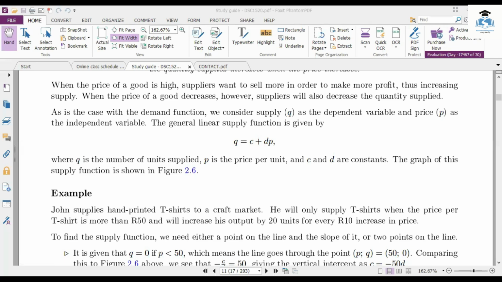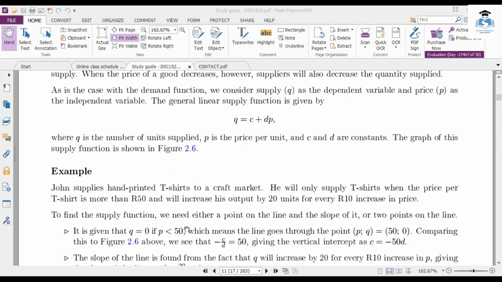It says, John supplies hand-printed t-shirts to a craft marketer. He will only supply t-shirts when the price per t-shirt is more than 50 rand, and will increase his output by 20 units for every 10 rand increase in price. Okay. So we are saying he only supplies t-shirts when the price per t-shirt is more than 50 rand.